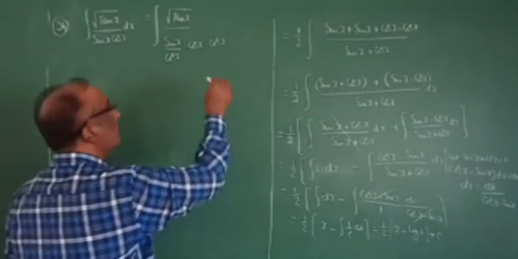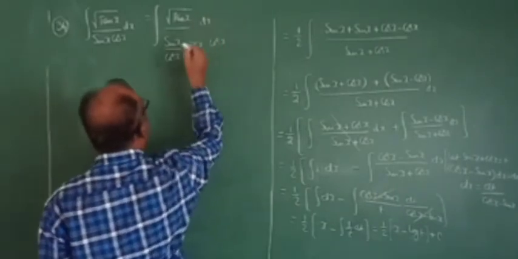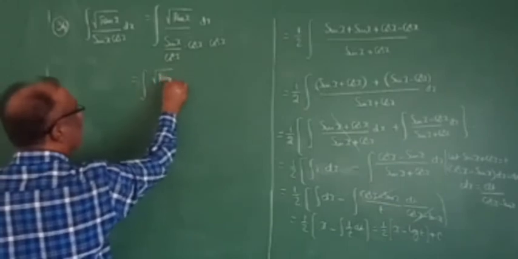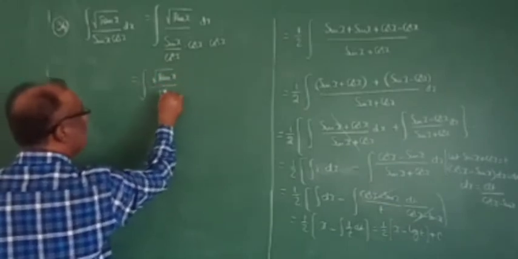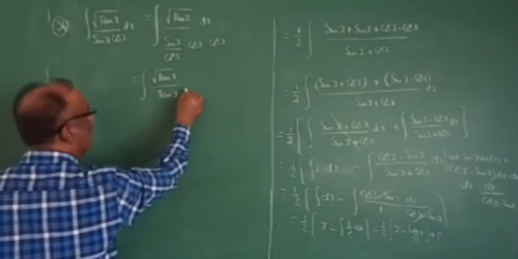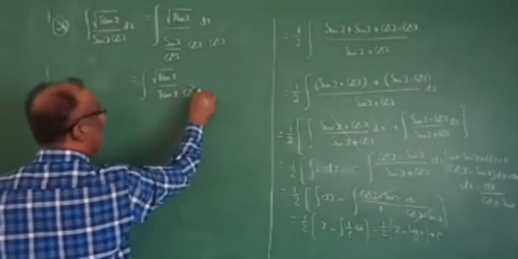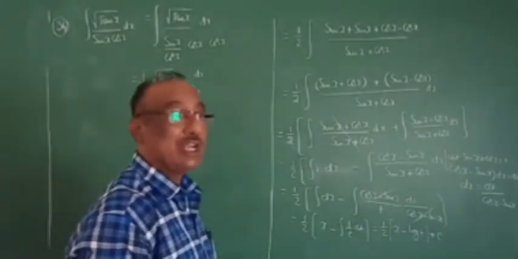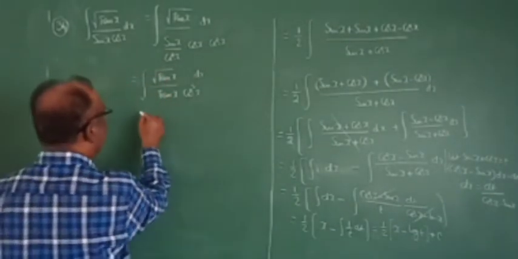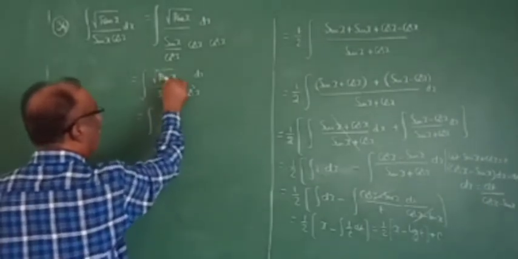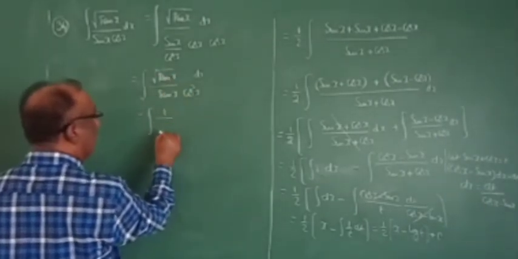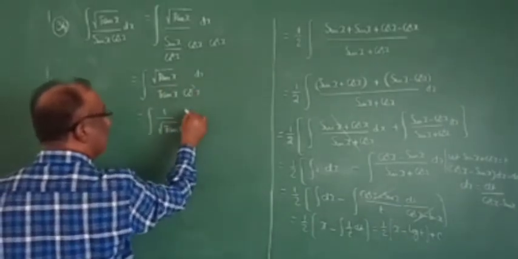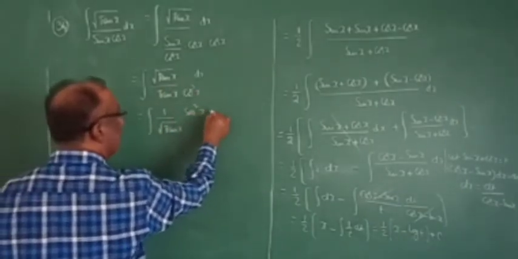So the total is converting to integral of root of tan x by tan x into cos square x into dx. 1 by cos square x we can write as secant square x. Write down the integral of root cancelled, 1 by root of tan x, 1 by cos square x is secant square x into dx.